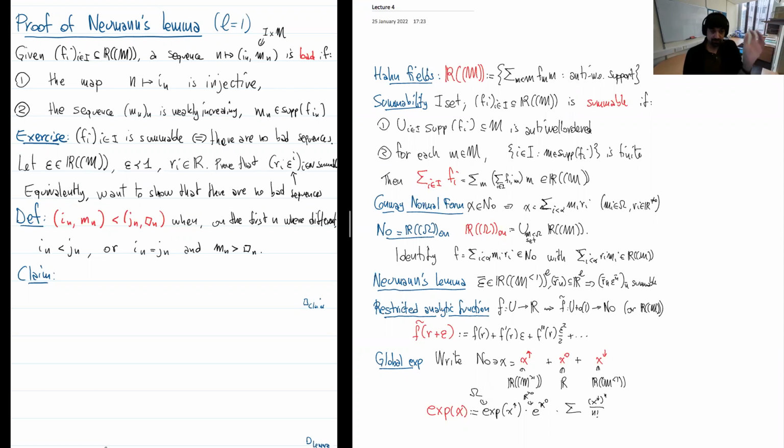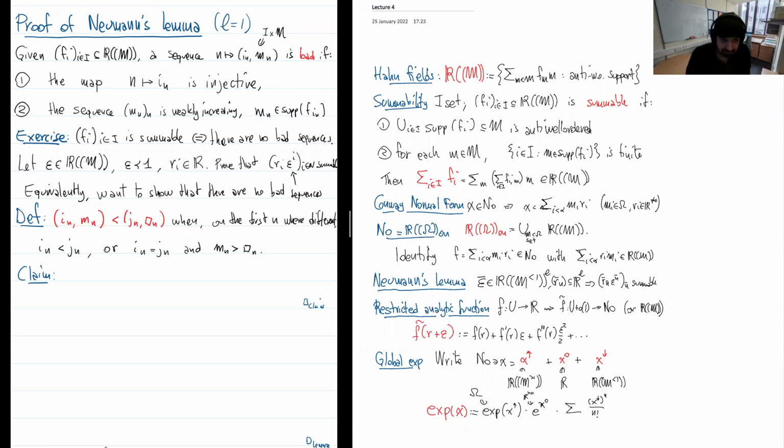And then if the exponent is the same, then you want the first monomial to be greater than the second monomial. I apologize for this asymmetry between the two. One is one way, one is the other, but that's what we need. Okay, so we have this order among bad sequences, that's the only ones I care about.